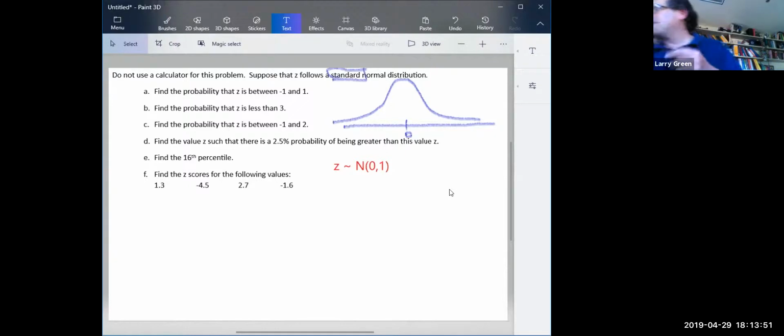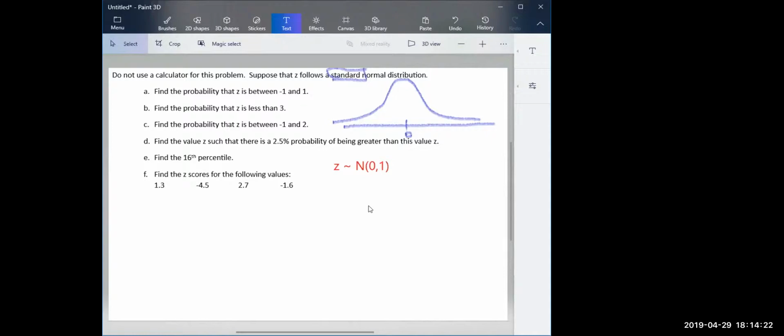And this week is not going to be obvious why things follow the normal distribution and why this is the most important thing there is in the entire class, but it is. So next week we'll have a big theorem that says everything we ever do has a normal distribution. Okay, if we do things right in terms of statistics, but that's next week. So right now you just have to chill a bit and say, yeah, this is going to be important, even though I don't understand why. But I do promise you it's really important.